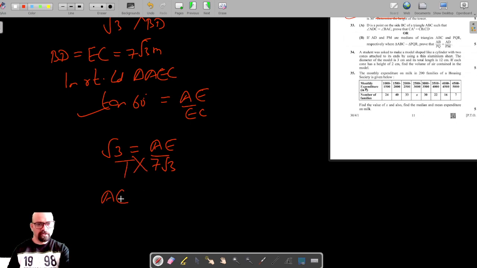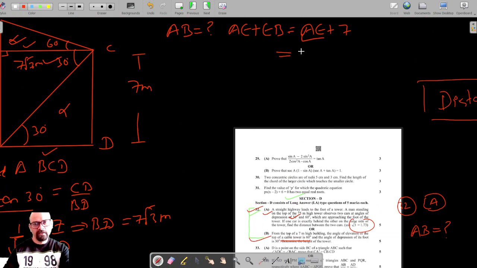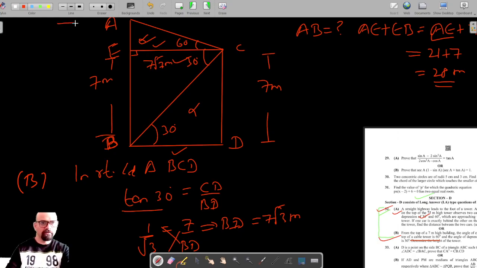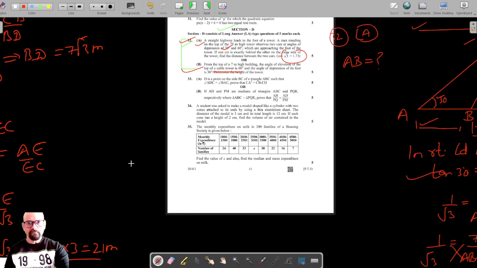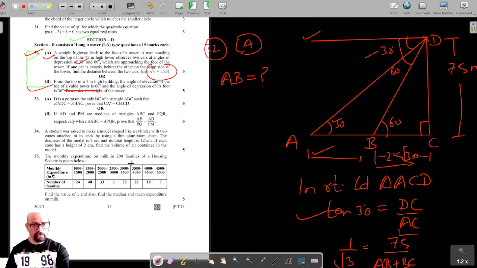So if we cross multiply, AE will be 7 root 3 into root 3, which is 7 into 3 is equal to 21 meters. So we have got AE, and now let's put the value of AE, which is 21 plus 7, and that gives the height of the tower. So height of the tower is 28 meter. So this solves our question number 32. Let's move on to question number 33.